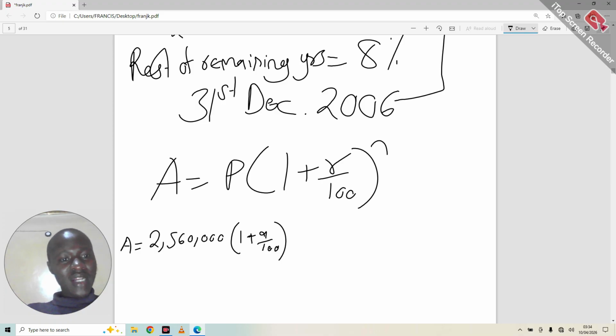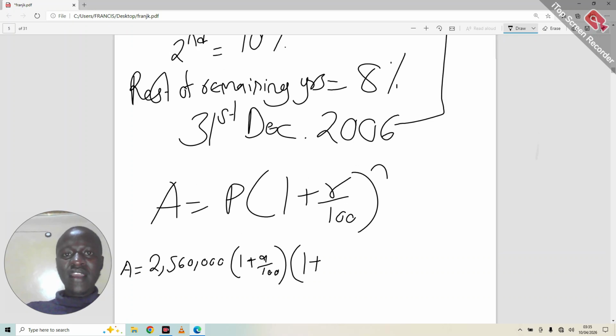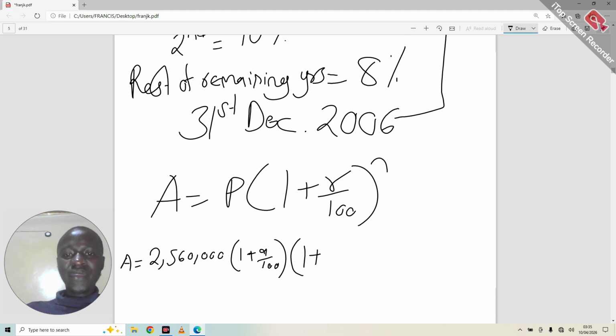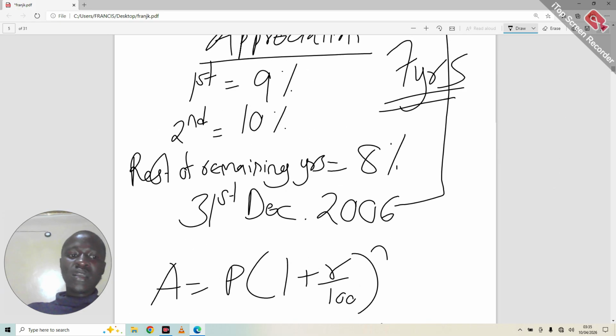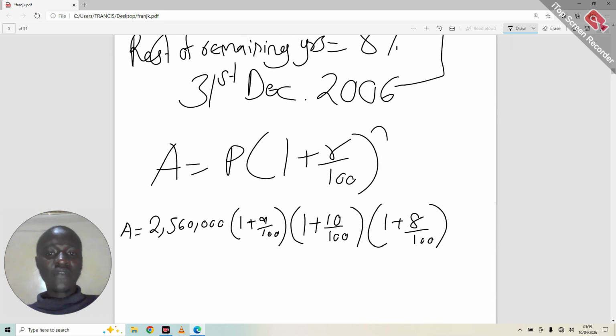Go back to R1, R2, you will see the formula. Then the second year, we have 1 plus the land appreciated by 10. So that's 10 all over 100. Now, for the rest of the remaining years after the second year, the land appreciated by 8% for each year. And we've just done our calculation and found out that we have a total of 7 years.